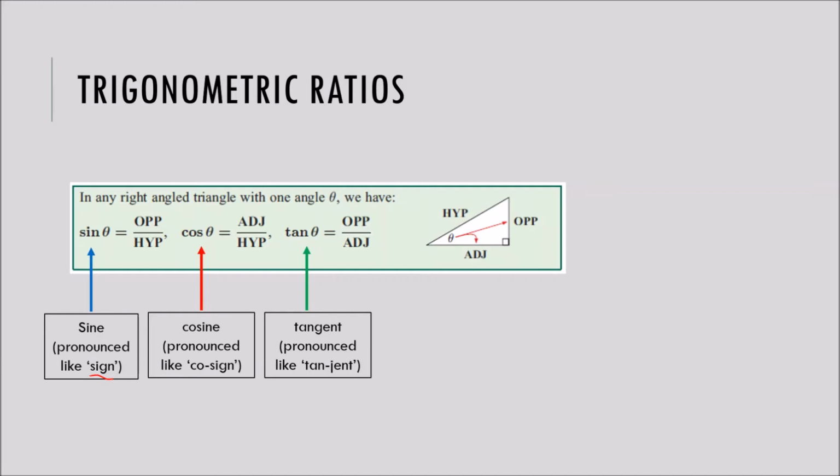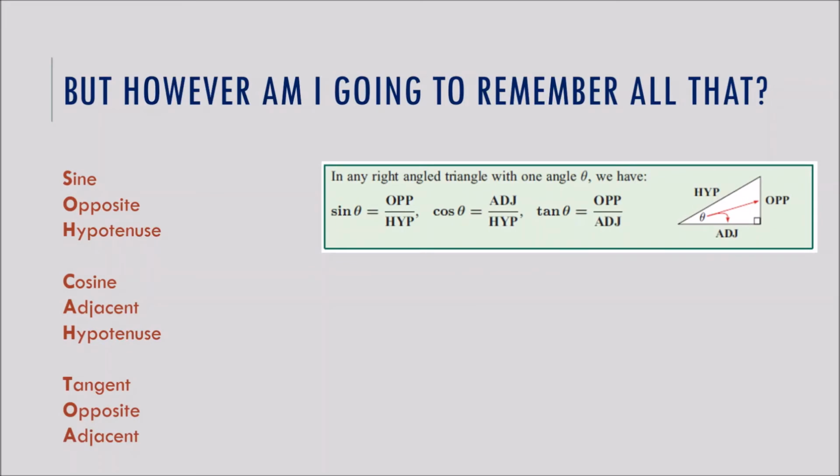Then you look at all of those equations and you go, how am I ever going to remember that? Well, the good news is that there's a thing called SOHCAHTOA. You might have heard of it before. I've got it written down along the side here. What it stands for is sine opposite hypotenuse, cosine adjacent hypotenuse, and tangent opposite adjacent.